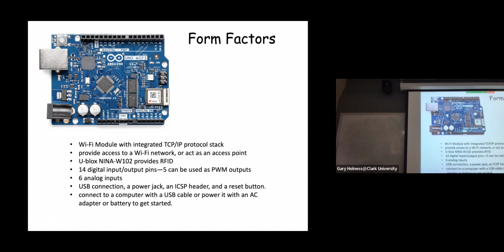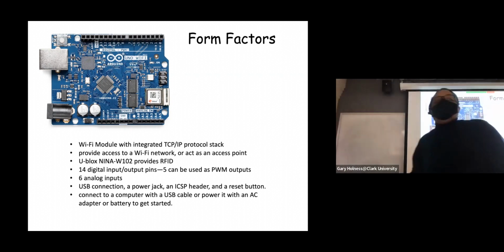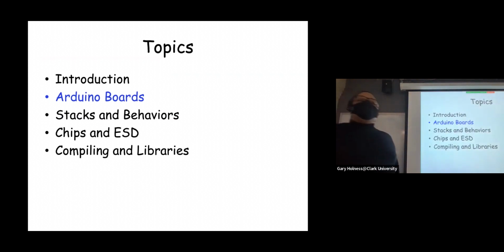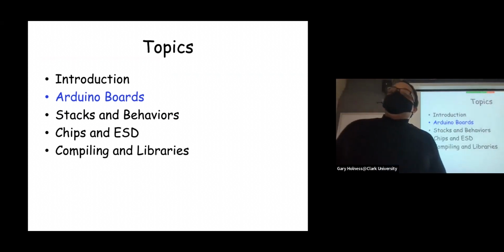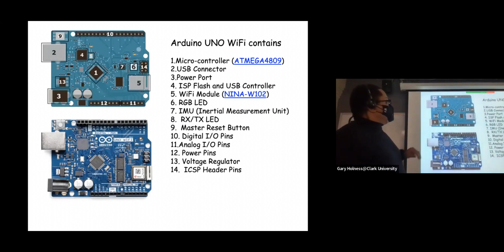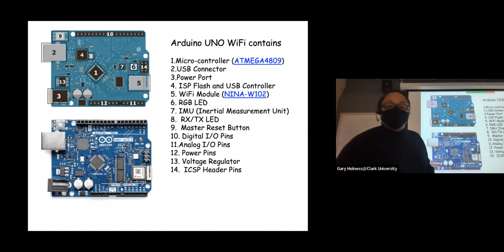So why did I choose the Uno Wi-Fi and not the Uno 3? Well, for one, the Wi-Fi has Wi-Fi built in, but it's a little bit more involved than that. So we're going to talk about this idea of stacks. Now, this is a schematic of the Uno Wi-Fi in particular, not the Uno revision 3.